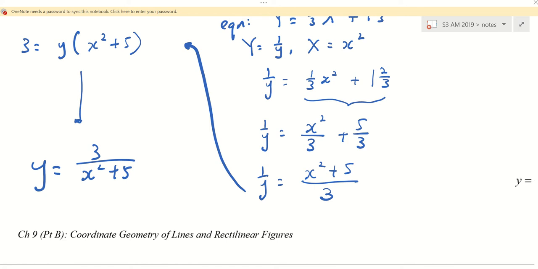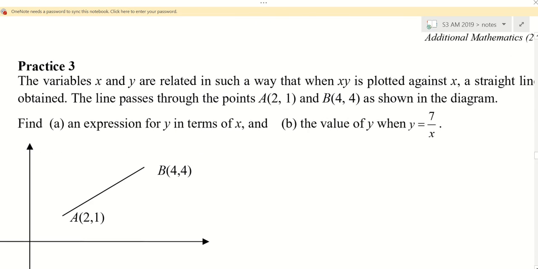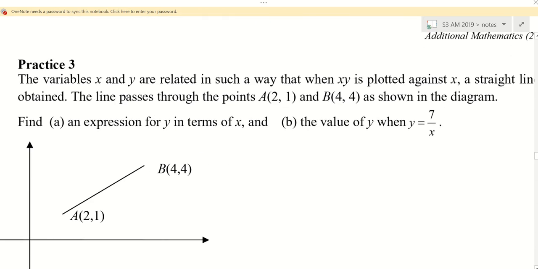Yeah, cross multiply, and then done. All clear? So linear law, first part is almost done already. It's about manipulating the equation, changing from straight line to curve and curve back to straight line. Okay? Now let's pause the screen here. Go to your practice 3, turn to the next page, and now you try.